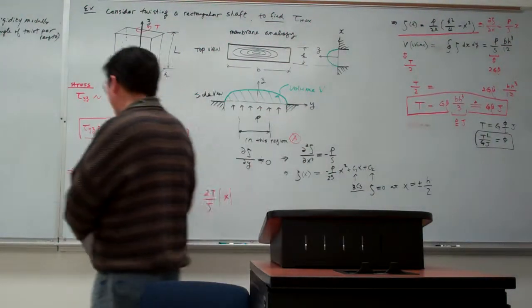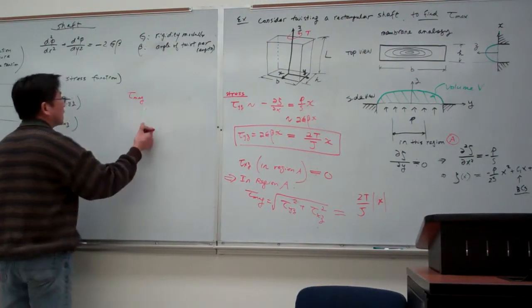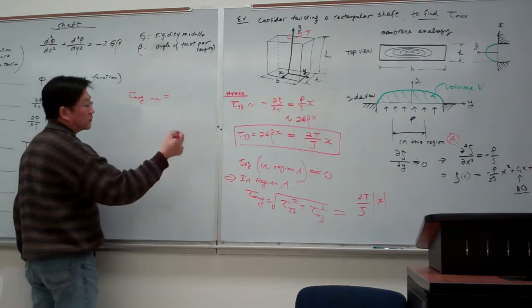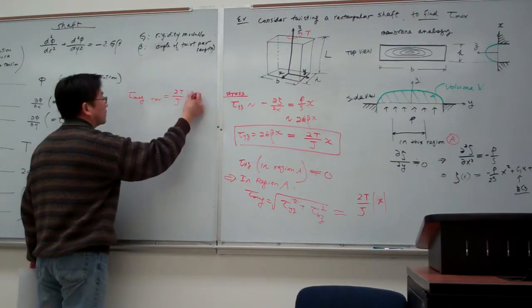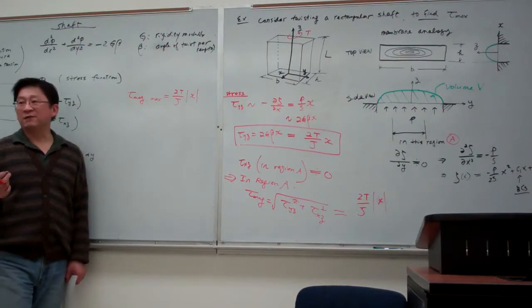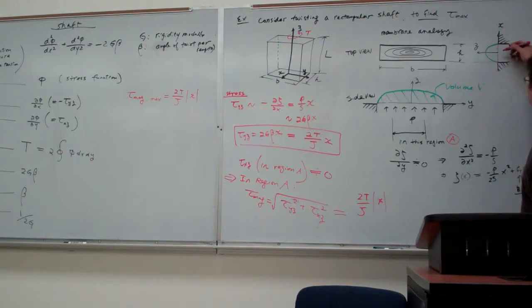So let me write it up here. So the maximum magnitude, where does it have the maximum? Looking at this one, it is 2t divided by j, and the maximum is when x reaches its maximum value. For this case, the maximum would be when x equals the maximum in the domain.